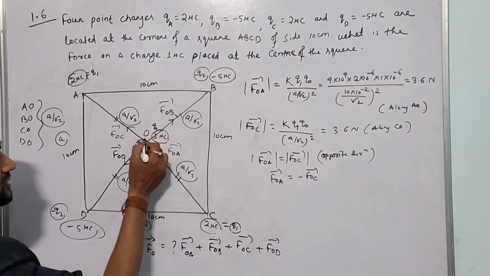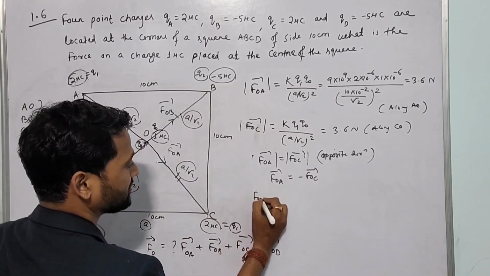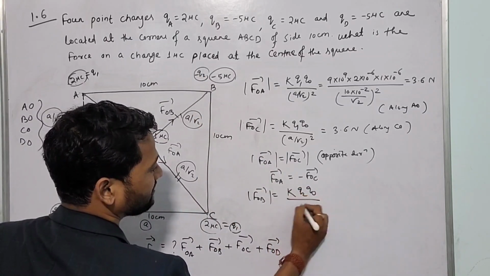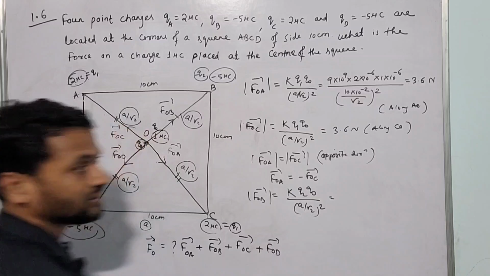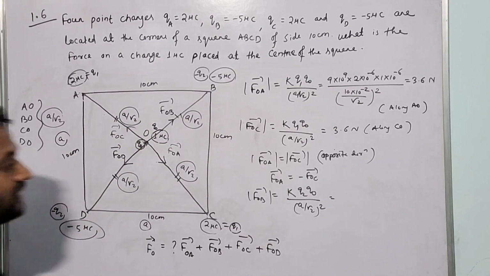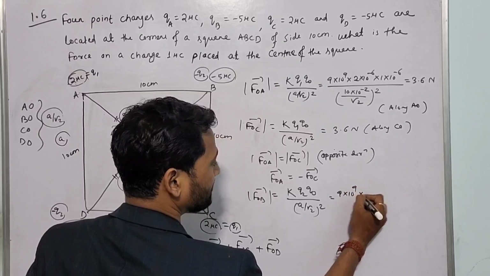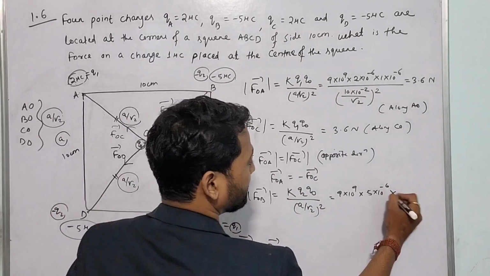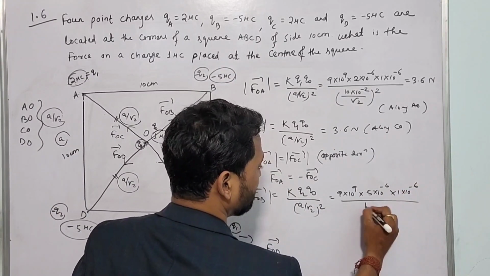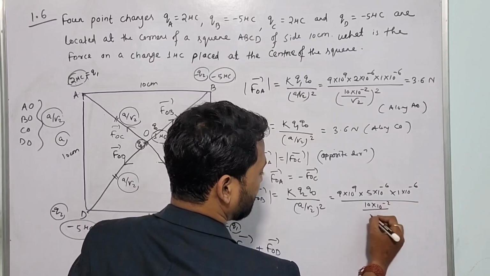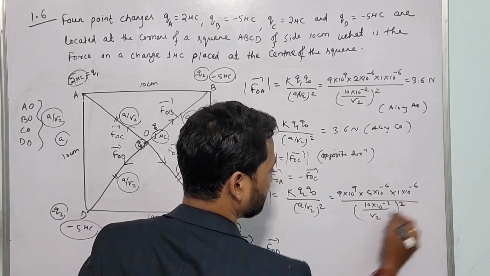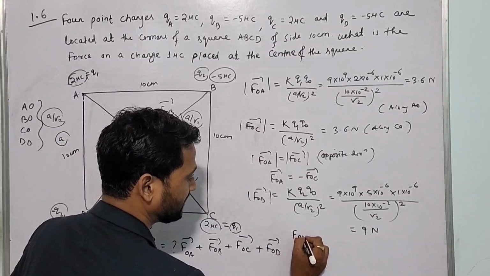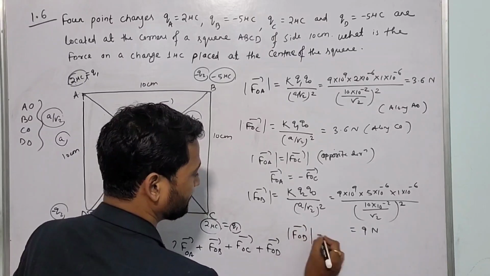Similarly you can find the force on O due to B and O due to D. The magnitude of force on O due to B will be K into Q2 into Q0 by (A/√2) squared. K is 9 × 10⁹, Q2 is 5 × 10⁻⁶, you take the magnitude of that charge, Q0 is 1 × 10⁻⁶, by A which is 10⁻² by √2 whole squared. You will get the answer 9 newton. Similarly we can get force on O due to D.